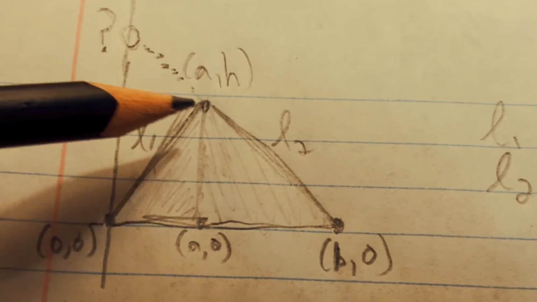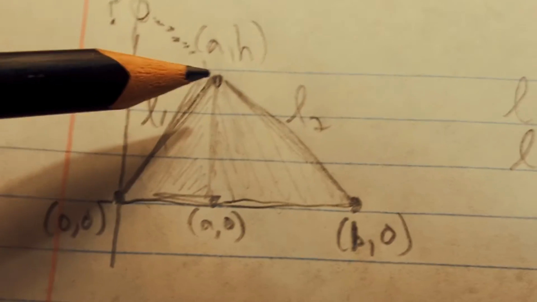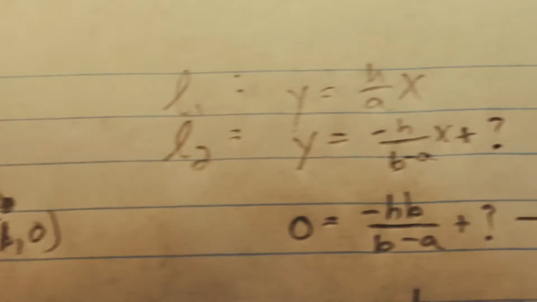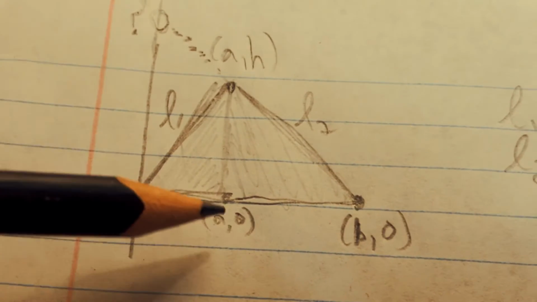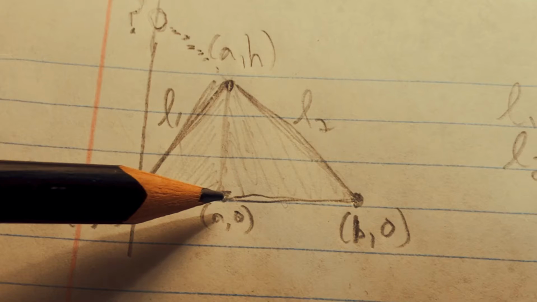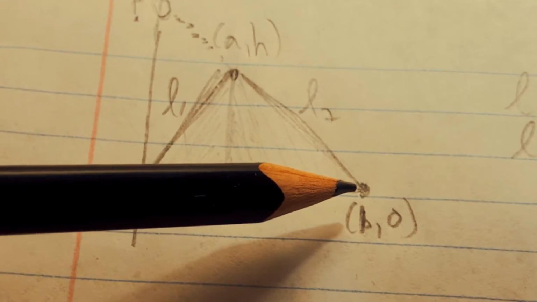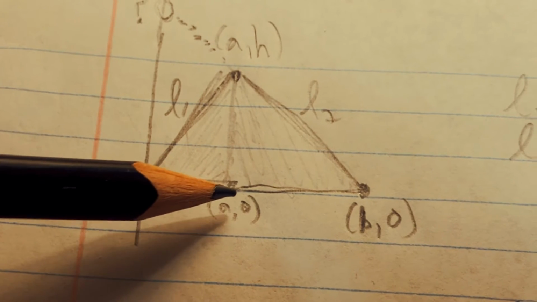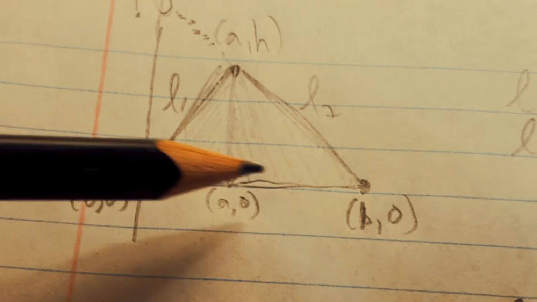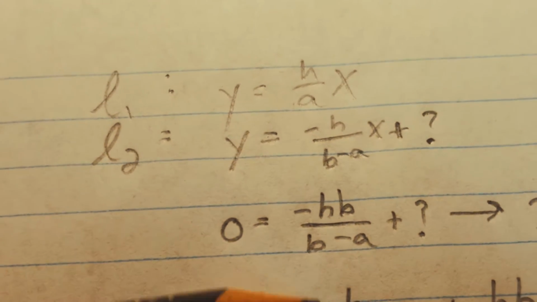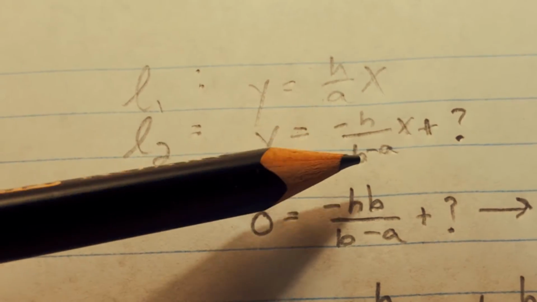Line 2 has a negative slope. The vertical change is negative H. The horizontal change is from here A to here B, making it a change horizontally of B minus A. This is the denominator of the slope.